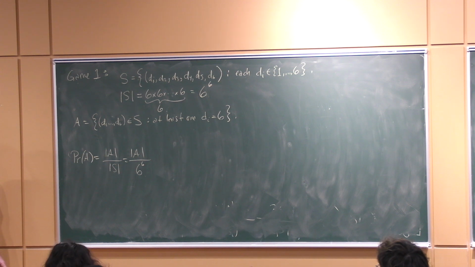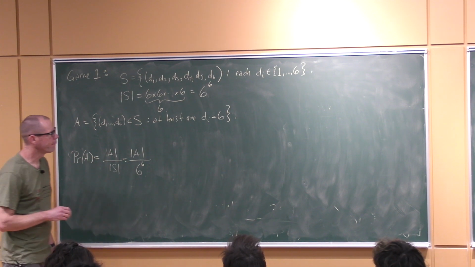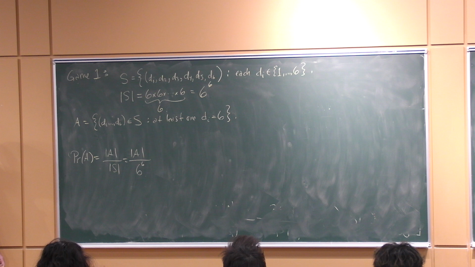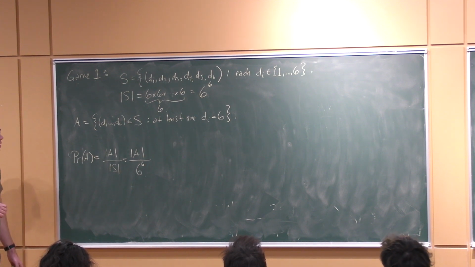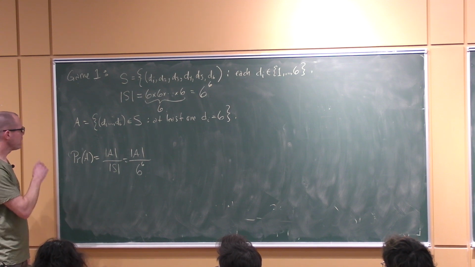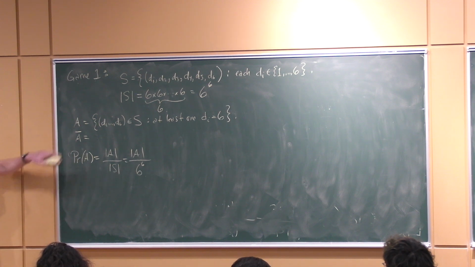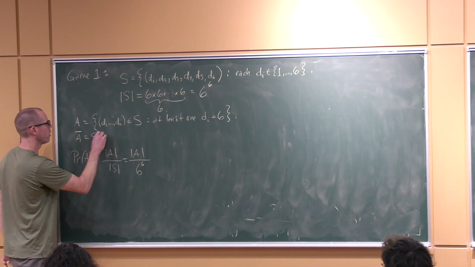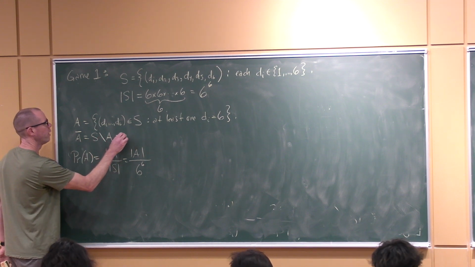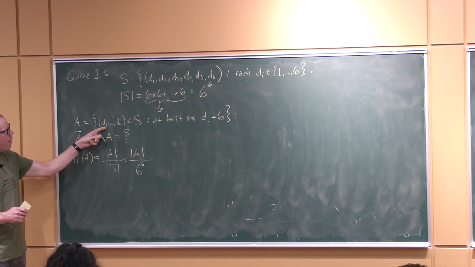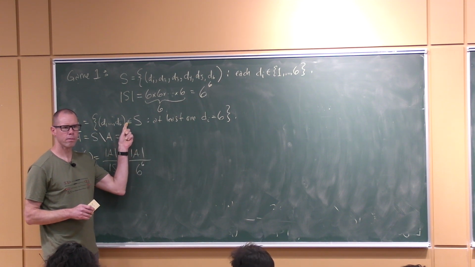Anybody know how we should proceed here? Yep. So we can use the complement rule for counting, which says, rather than figure out the size of A directly, let's look at A bar, the complement of A, which is going to be S minus A, which, if you take an element of S that's not in A, that means there are no 6's in it.